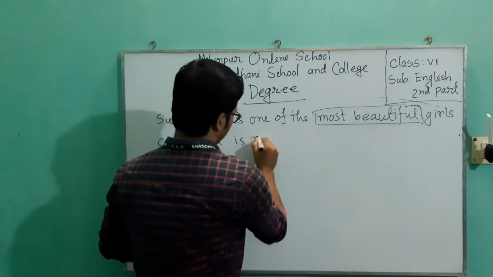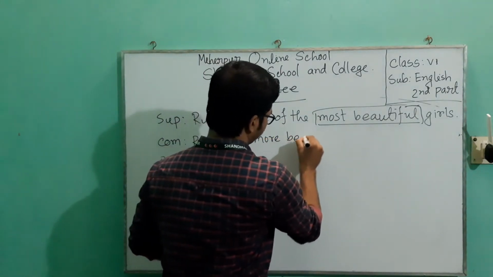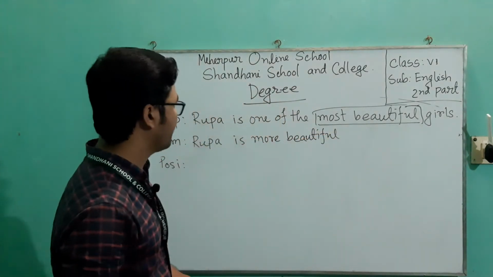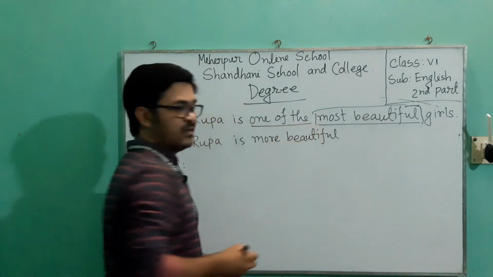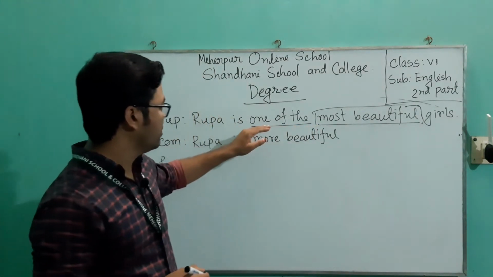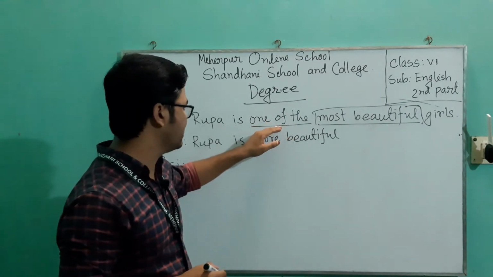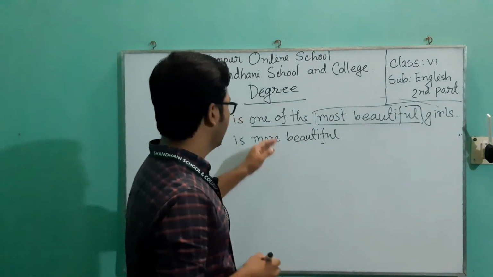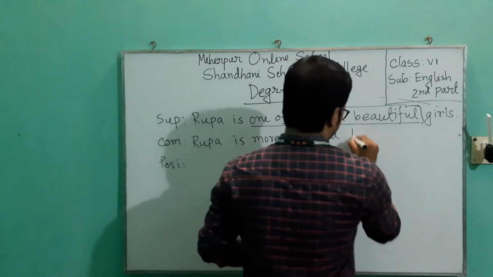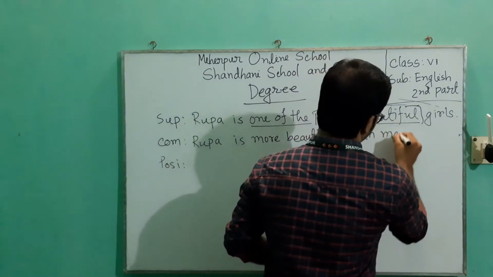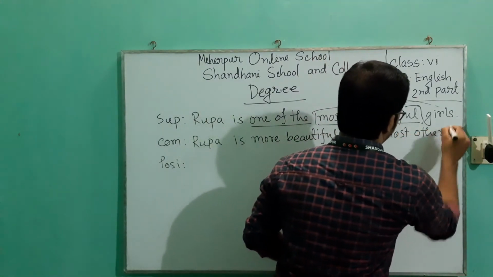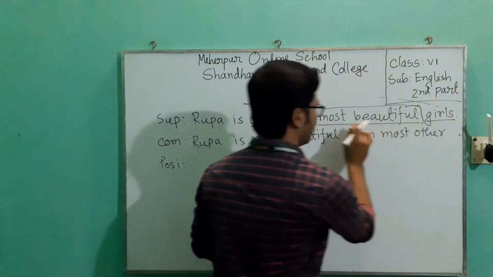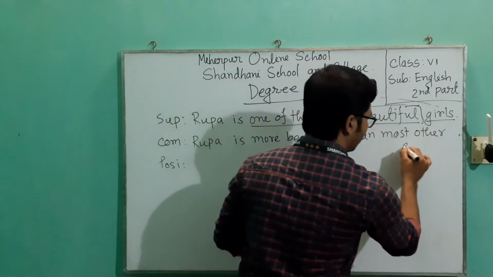Okay, here we see one of the. If we see one of the in a superlative sentence, we have to write than most other. Then most other, rest of the words after superlative form, then girls.